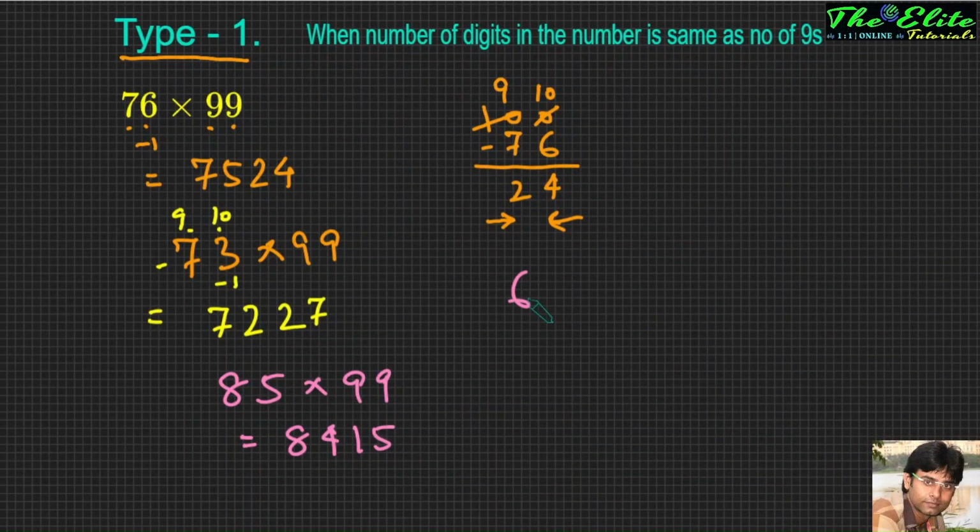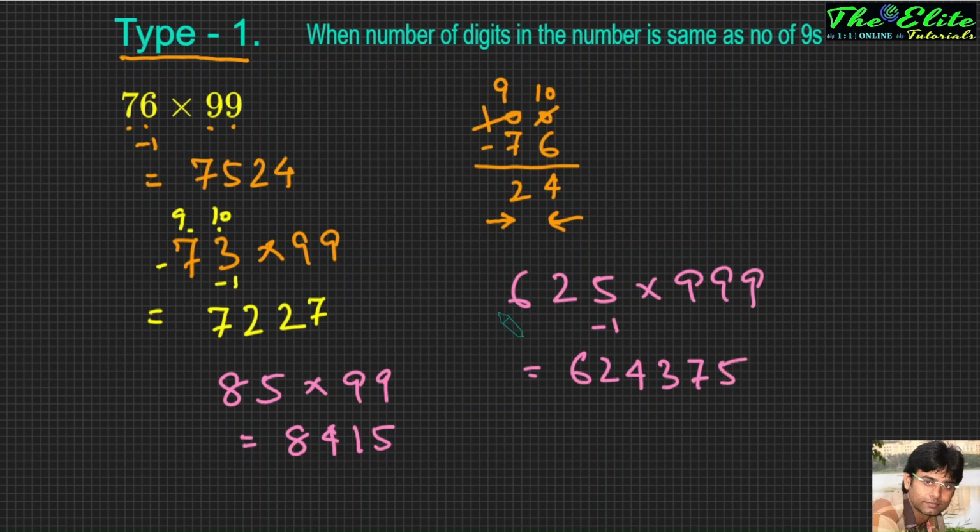Likewise, if you get multiplication with more nines, more digits, for example 625 multiplied by 3 nines. Same scenario. You have to subtract 1 from the number given. It is going to give you 624, and the rest of the number will be obtained from the complement of this number. The complement is going to be 3, 7 and 5.